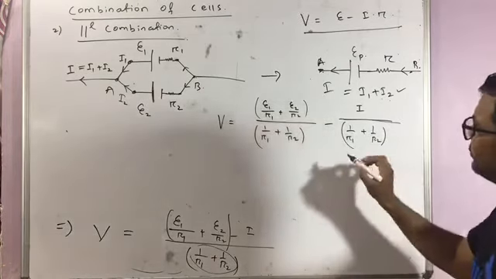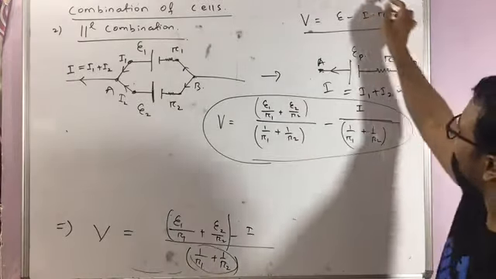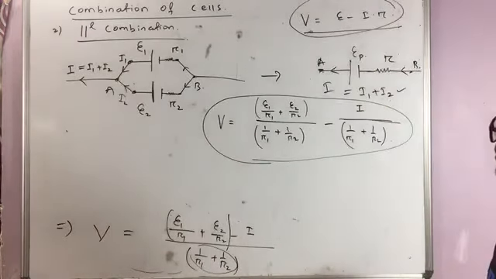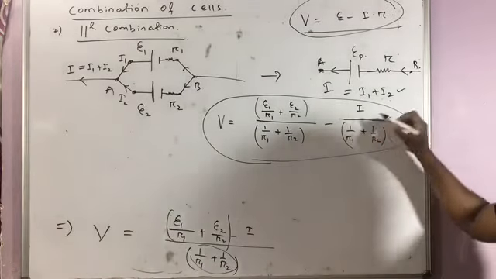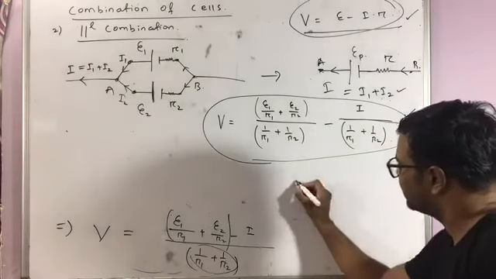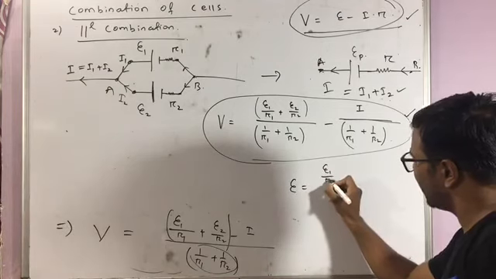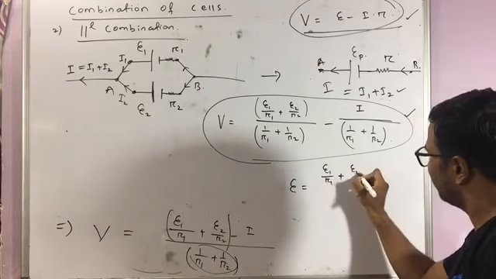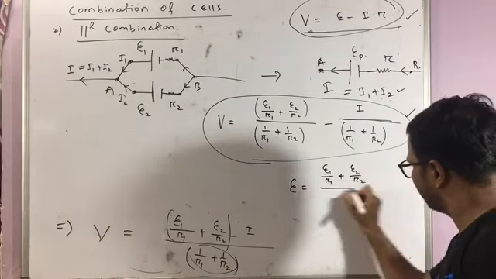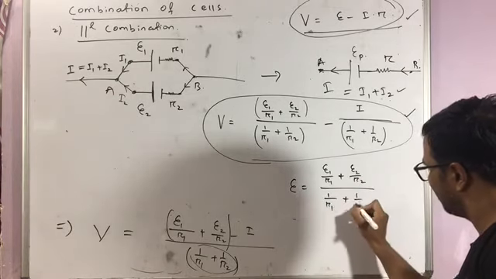Got it? You see this equation is of the form V is equal to E minus IR. So if we compare this equation and this equation, I am going to find E is equal to E1 by R1 plus E2 by R2 divided by 1 by R1 plus 1 by R2.